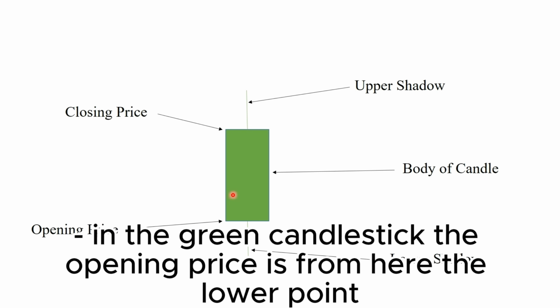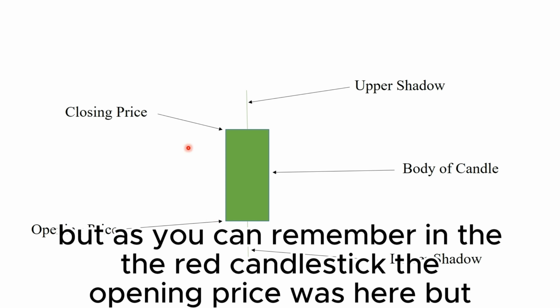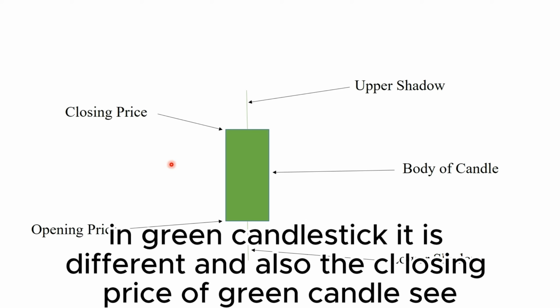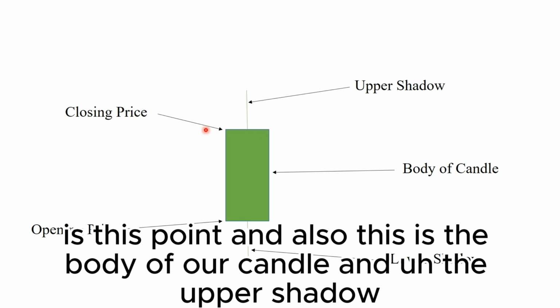In the green candlestick, the opening price is from here, the lower point. But as you remember, in the red candlestick, the opening price was here. In the green candlestick, it is different. The closing price of the green candlestick is this point, and this is the body of our candle.